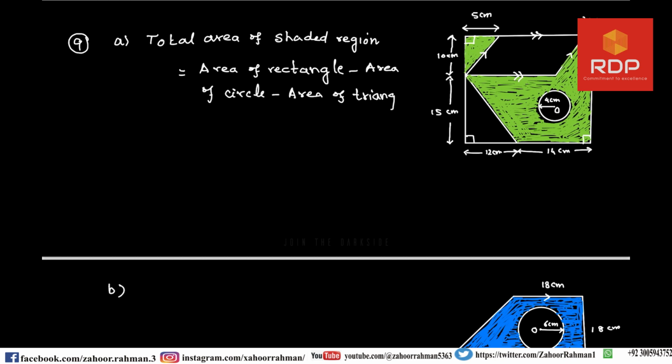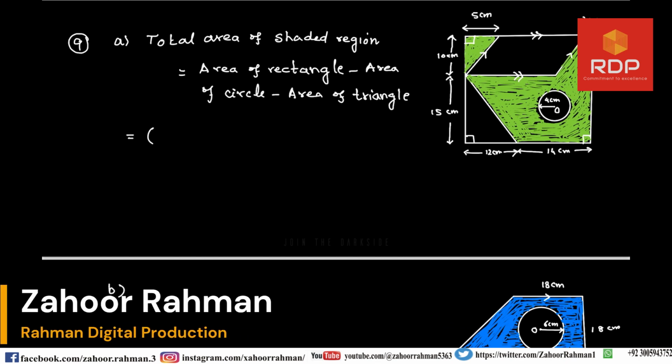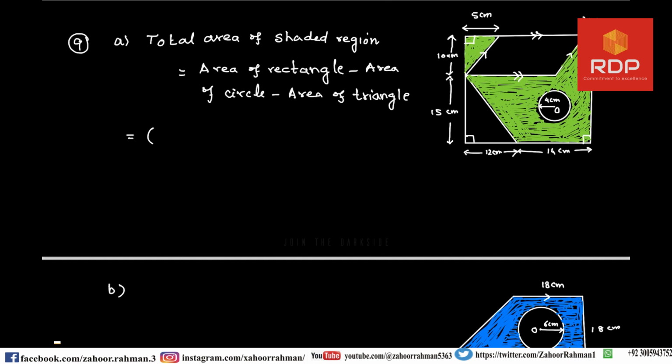So first we have to find the area of the rectangle, and that will be equal to 12 plus 14 into 15 plus 10.